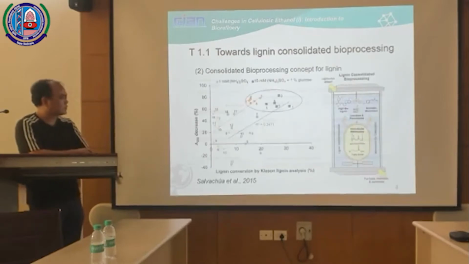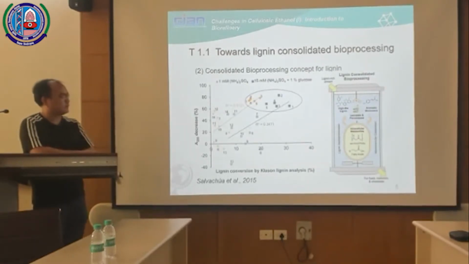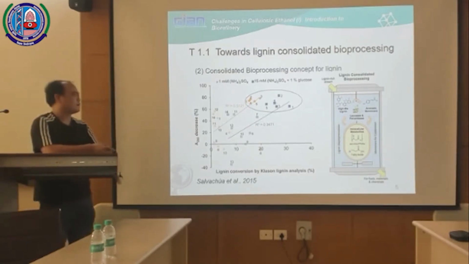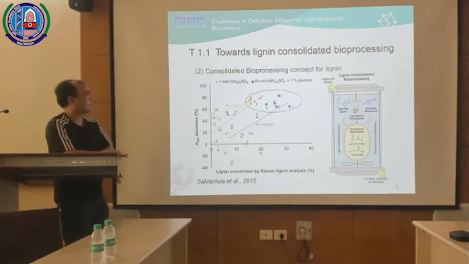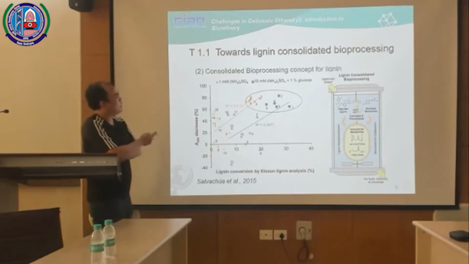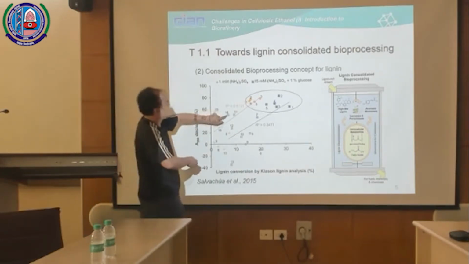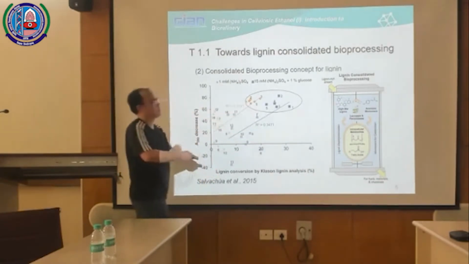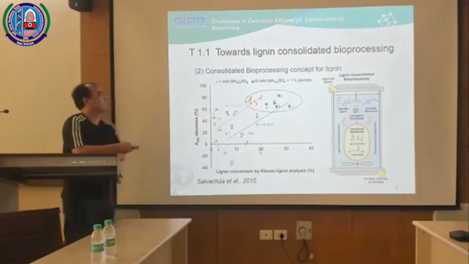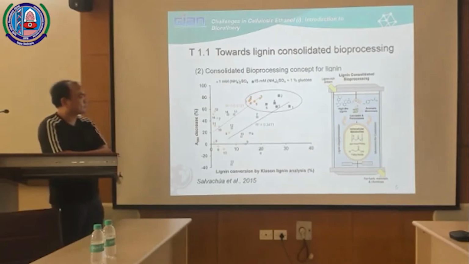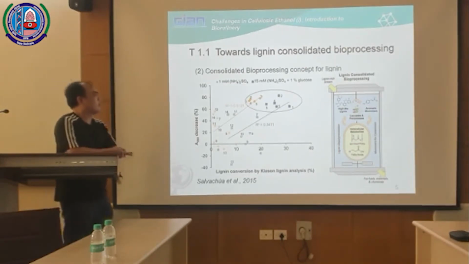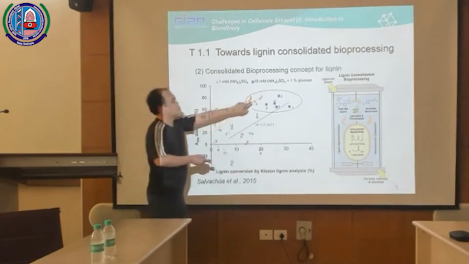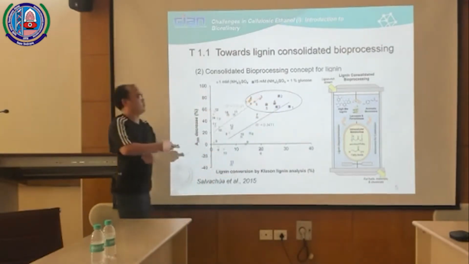Here I show some results from this author. They finished this work 3 years ago. They isolated microbes from environmental samples. These different spots represent the different samples. The orange one is nitrogen limited, and this one is nitrogen sufficient.